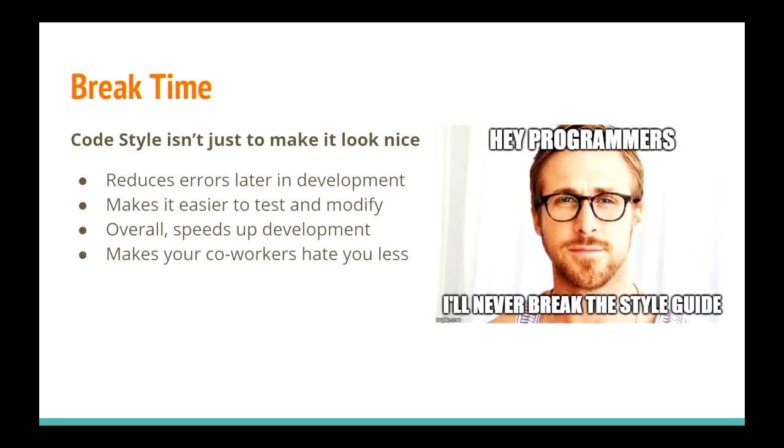Okay, so the first half of this lecture was a lot about how you're going to write your own code in order to make it understandable. Something we might want to think about is how to actually check whether something's understandable.